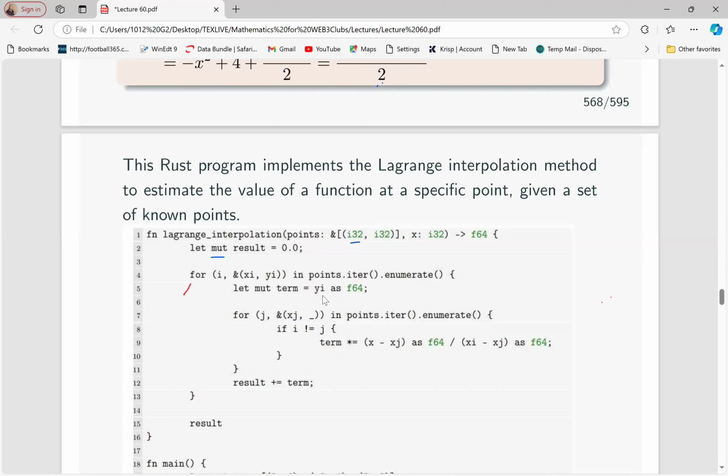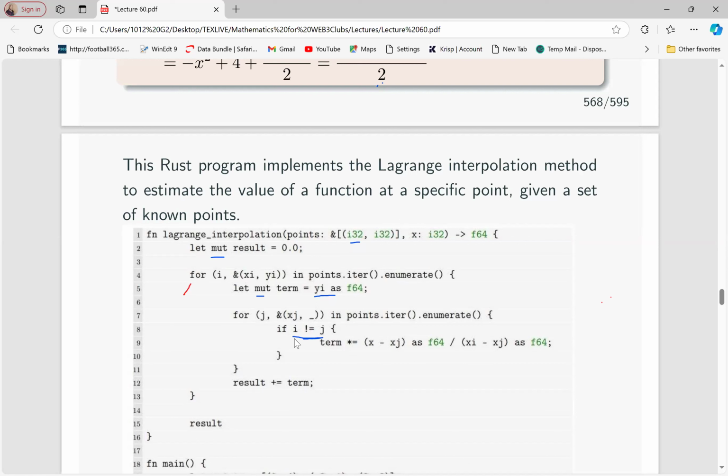Now, the y values. So let it again be mutable, and you initialize it at yi. I will be changing. And look at this.